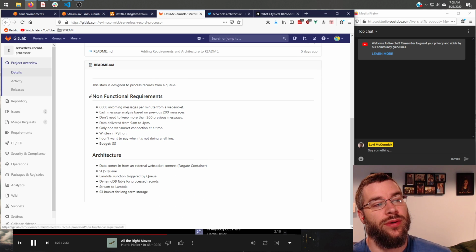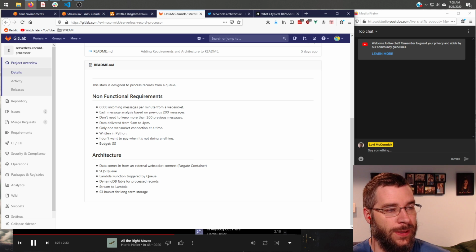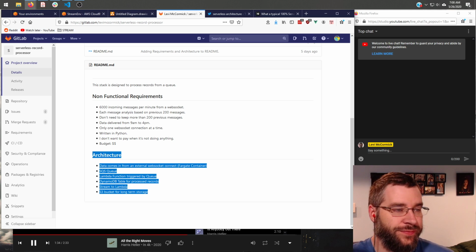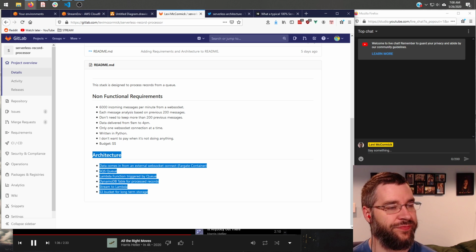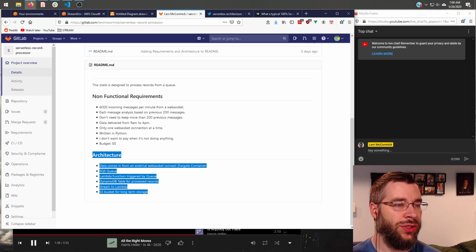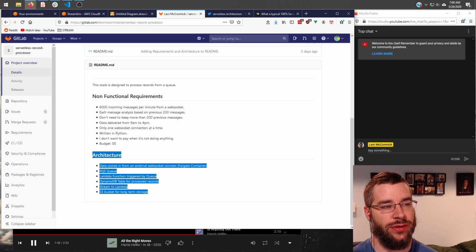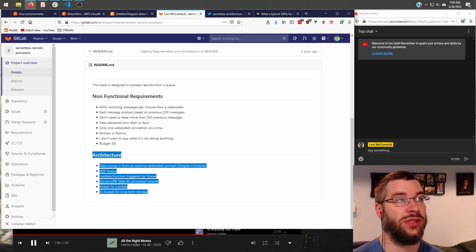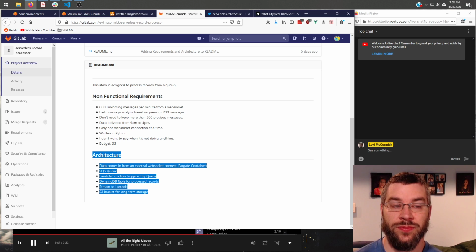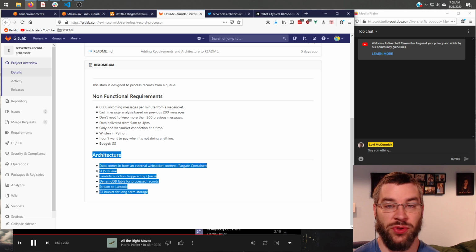So we went through our non-functional requirements, and then from there we settled into an architecture in the README. I think we will take this architecture and diagram out the big pieces. We will exclude a few things like the deployment infrastructure.